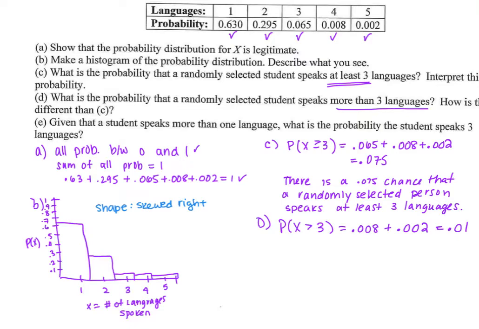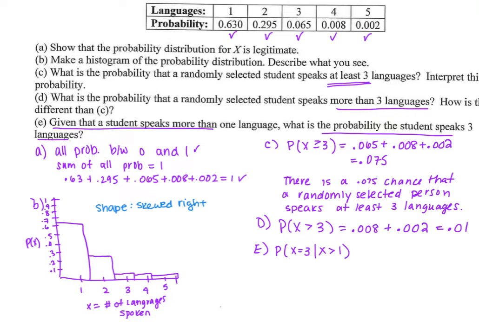Now, question E is a throwback to chapter 5, so hopefully you remember something from chapter 5 so that we can calculate this probability. Question E is asking, given that the student speaks more than 1 language, what's the probability they speak 3 languages? So what is the probability they speak 3 languages given that the student speaks more than 1 language?